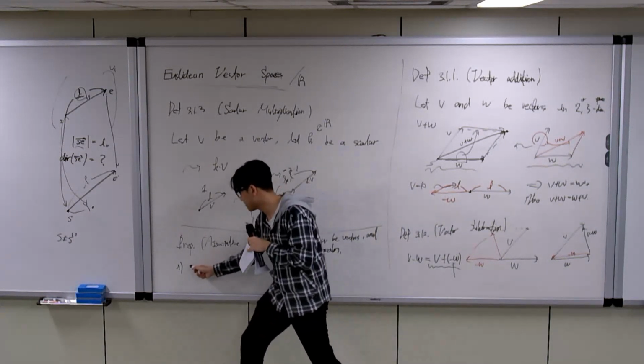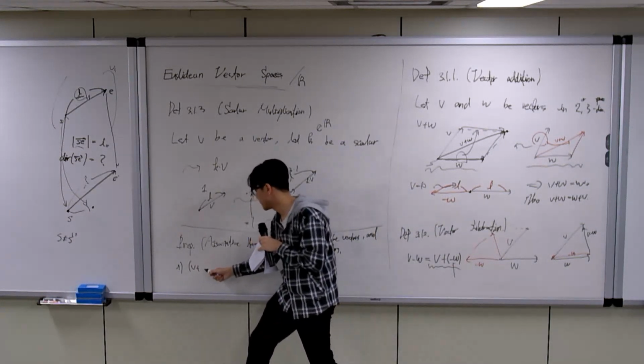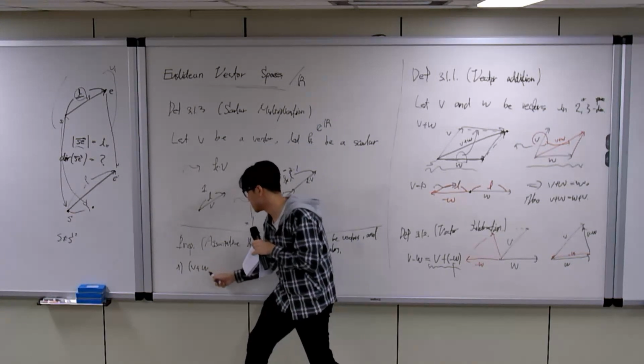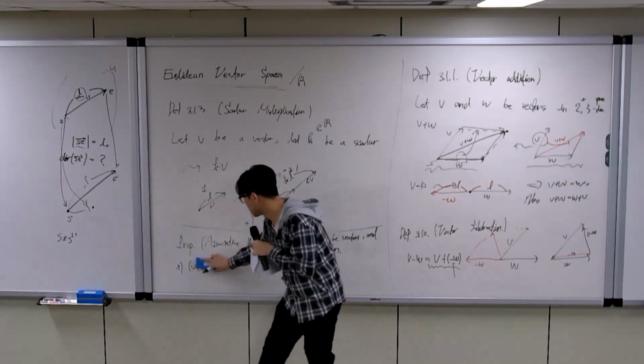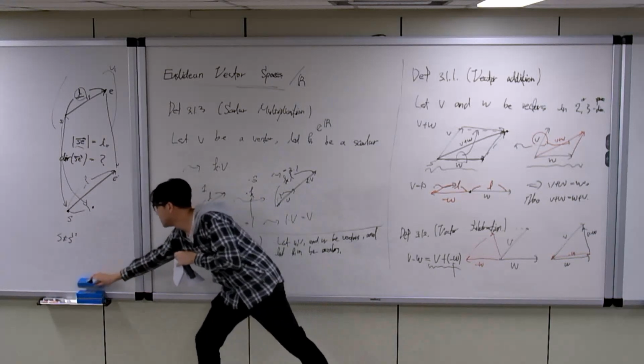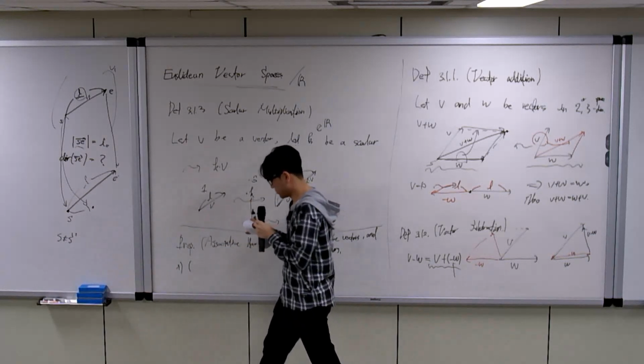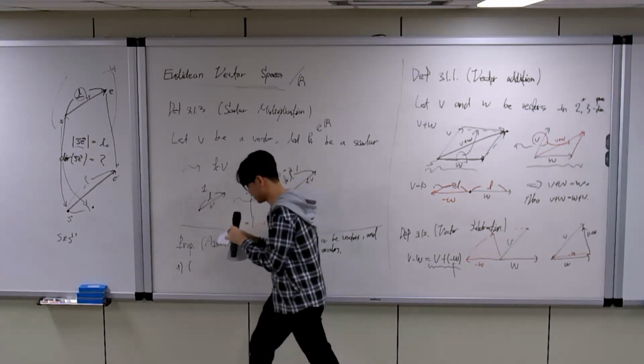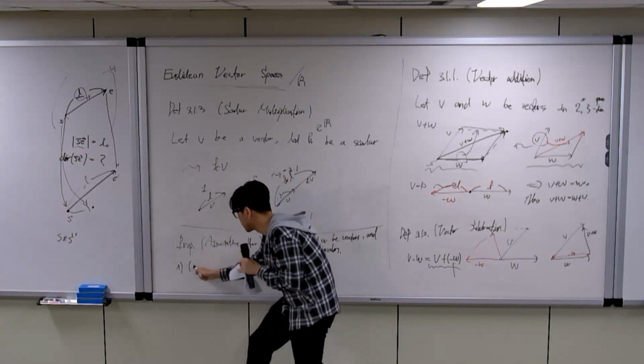Then we have two kinds of associative rule.